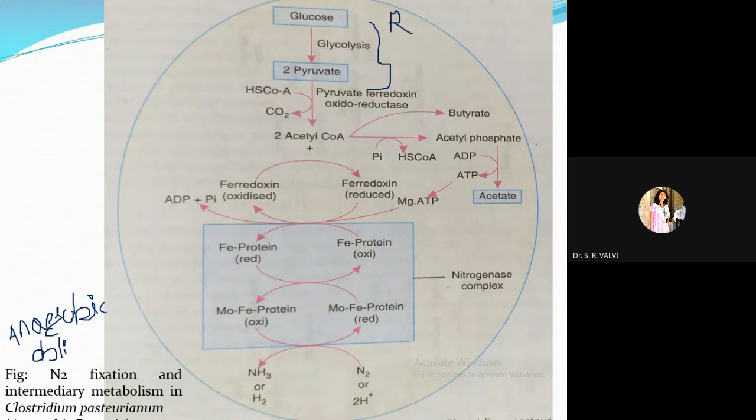Suppose there is malic acid, in many books it is written as malate, right? Oxalic acid is written as oxalate, malic acid as malate. So here pyruvate is nothing but pyruvic acid, right? These are the steps of glycolysis.